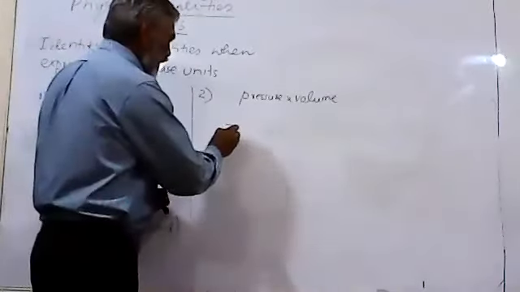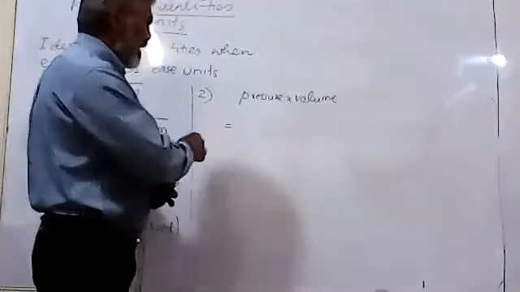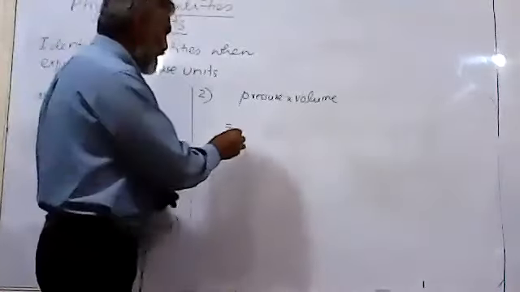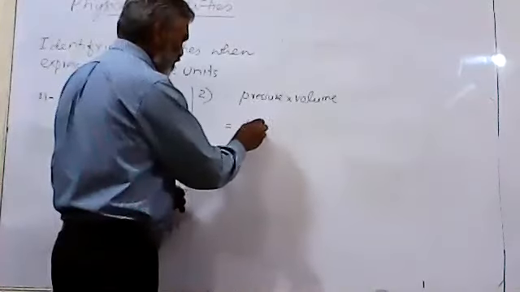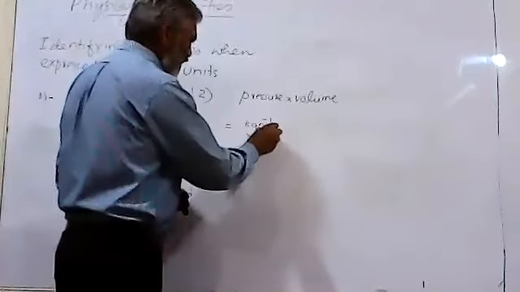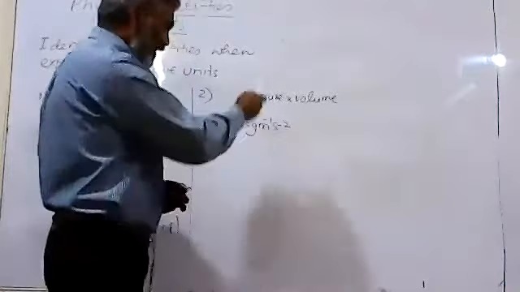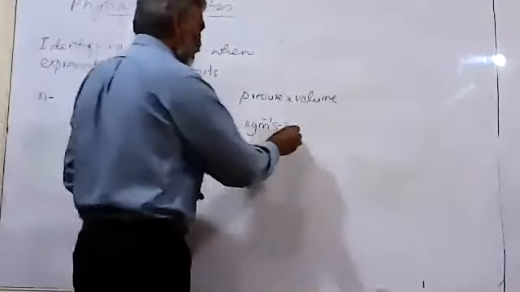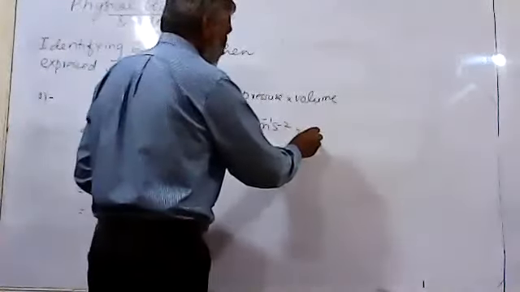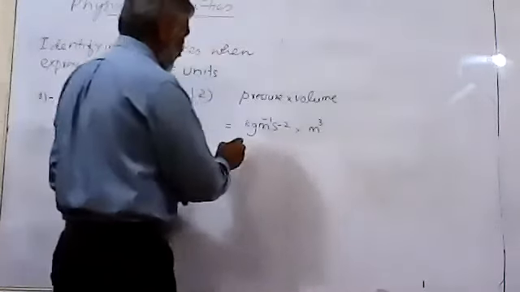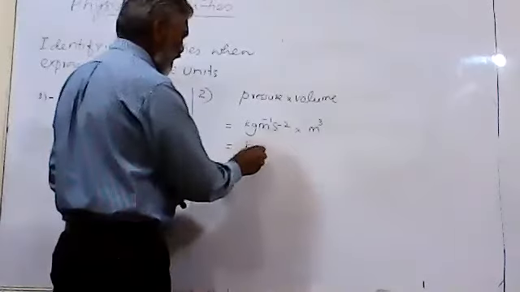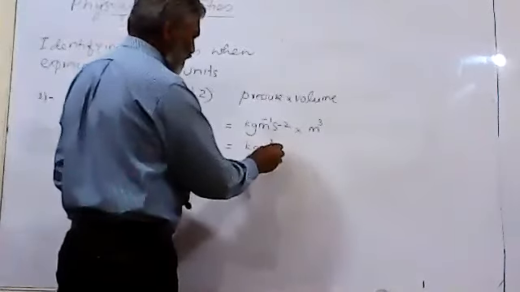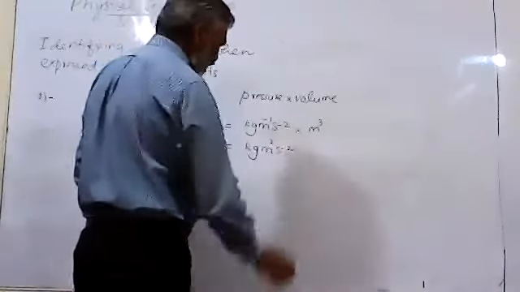So again, the technique is the same. We express these quantities in terms of SI base units. So pressure is kilogram m minus 1 s minus 2, as I did earlier, into volume, which means meter cube, and simplified, it becomes kilogram meter square s minus 2.